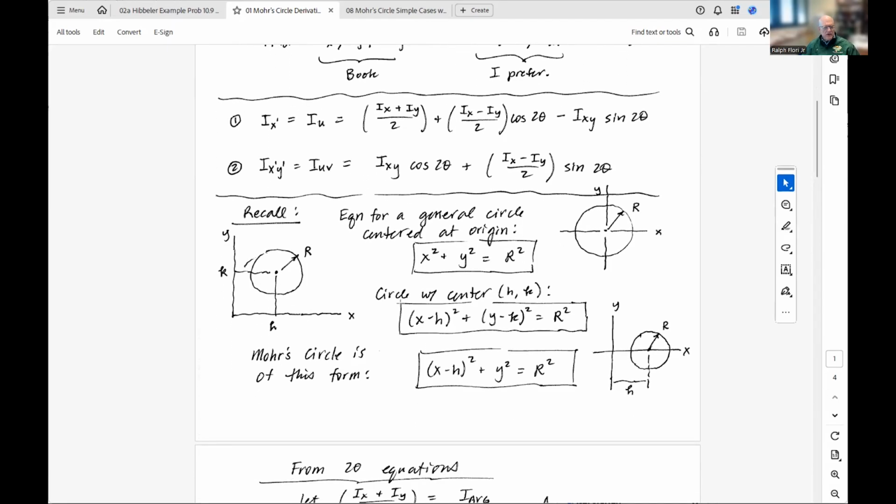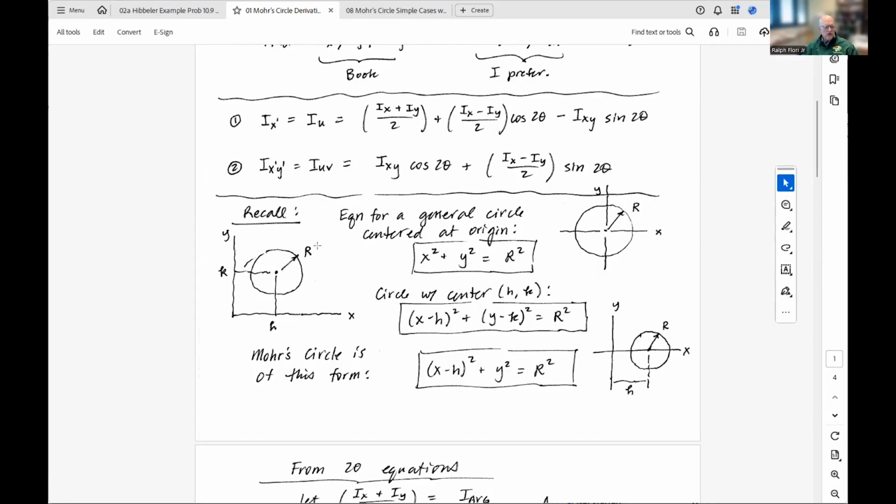Just to remind you, a circle centered at the origin has the equation x squared plus y squared equals r squared. If you have a circle with a general center at some h, k, then the equation is x minus h squared plus y minus k squared equals r squared.